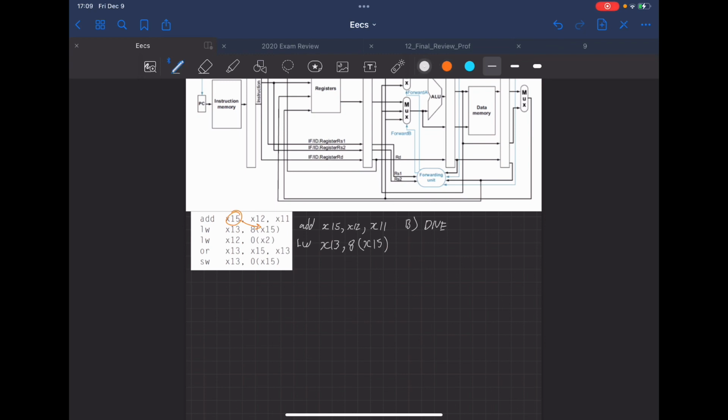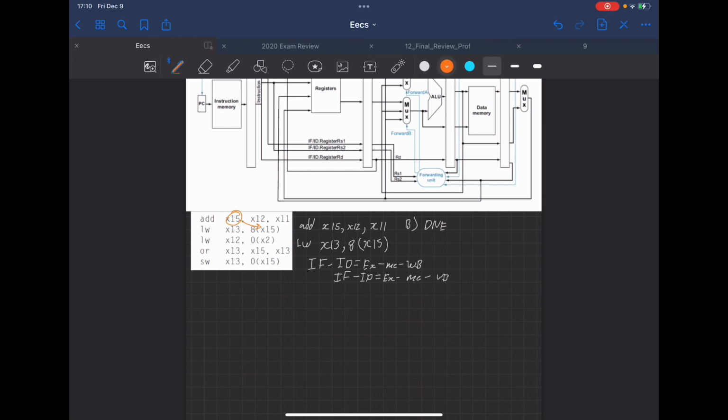We're again going to have instruction fetch, instruction decode, execute, mem, write back. And then the second one is going to be instruction fetch, instruction decode, execute, mem, write back.